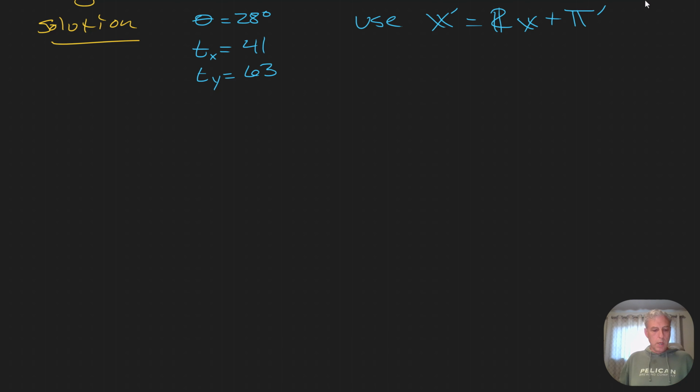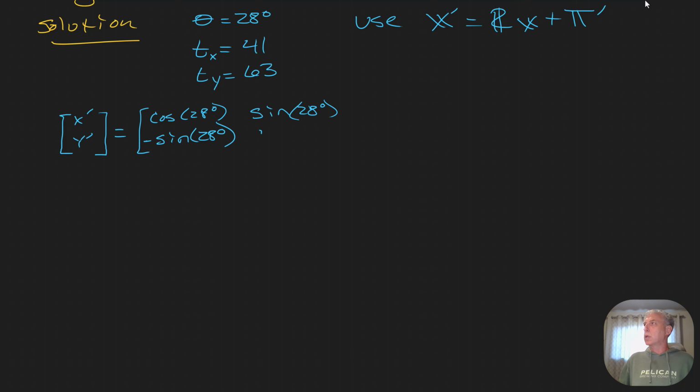All right, so if I write this out, I have x prime and y prime, which are what I'm trying to find, equal the cosine of 28 degrees and the sine of 28 degrees, minus sine of 28 degrees and cosine of 28 degrees, times our original coordinates, which were what?